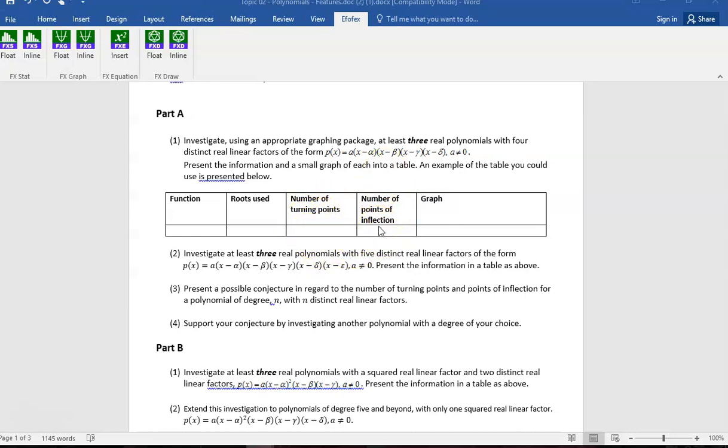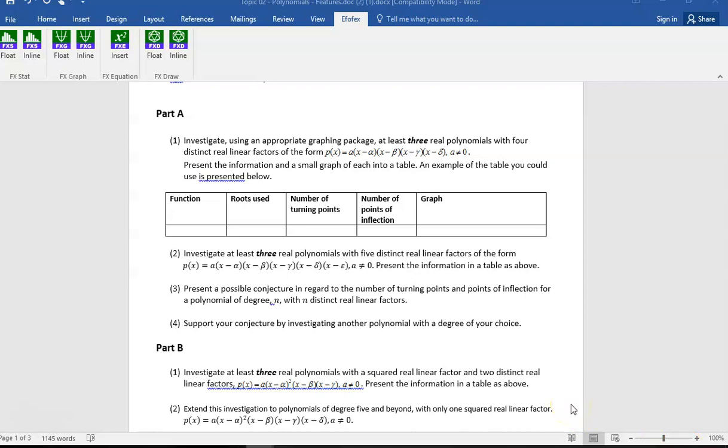So I'm making a prediction to say, do you know what? Every degree 4 that has 4 distinct real roots, they will always have this number of turning points and this number of points of inflection. That's it. Make up another polynomial, so now you've got 4 graphs, and show that it fits that. I don't think that is difficult at all.